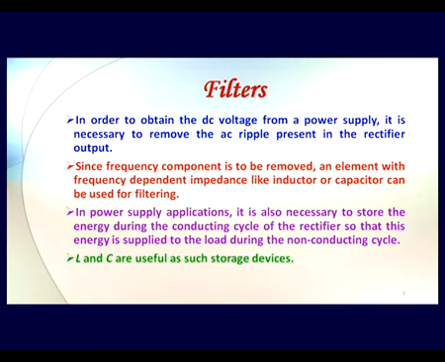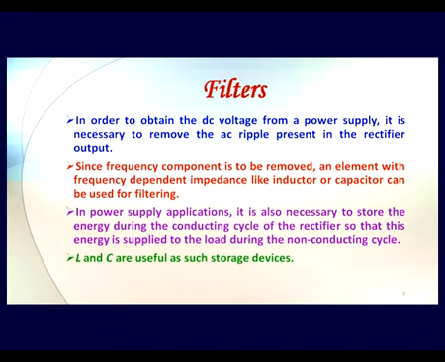So this kind of energy storage device is required in power supply applications. And again, inductor and capacitor are the easily available devices which come in handy for use as a storage device. In a capacitor, as you know, we store the charge, and that is stored as energy which can be used in the form of a current for our load functioning.